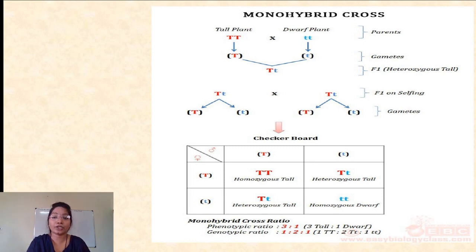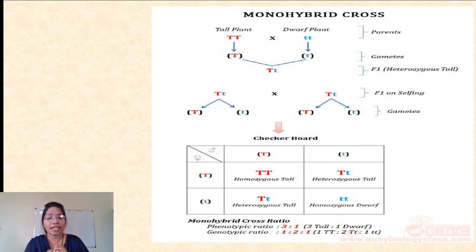When heterozygous tall plants were crossed with heterozygous tall, in F2 generation we get three types of offsprings, such as homozygous tall, heterozygous tall and homozygous dwarf individuals.